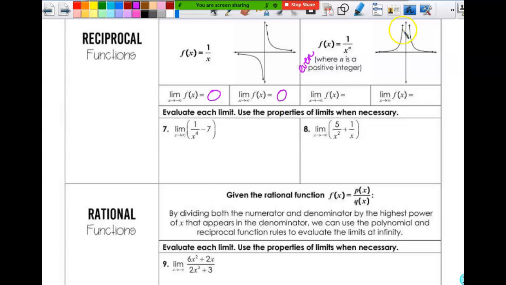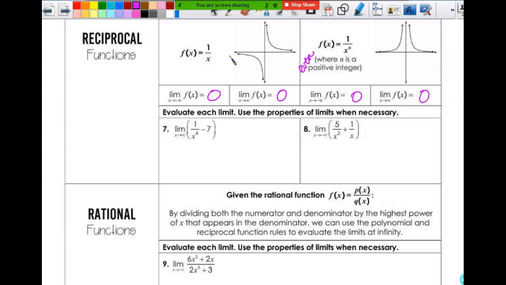Here, the limit as x approaches negative infinity is still approaching that 0, and at infinity, still approaching 0. On this one, it's approaching from below instead of above, but they're still approaching 0. The limits are all the same. So we can use that concept, but we're also going to use some direct substitution with infinity, because that's another concept that you need to be able to think through.